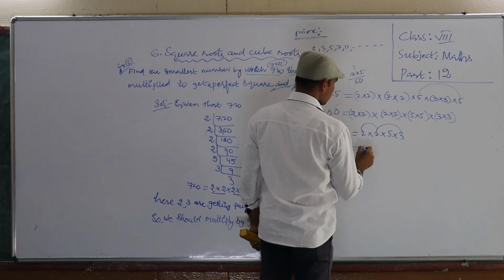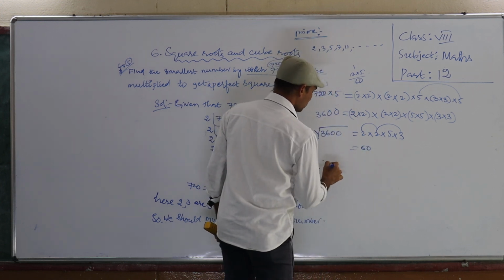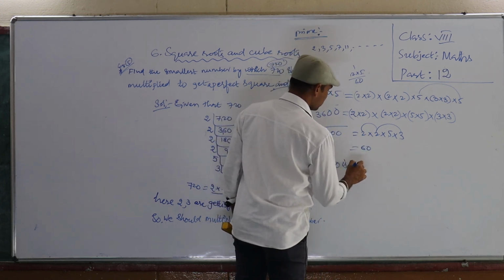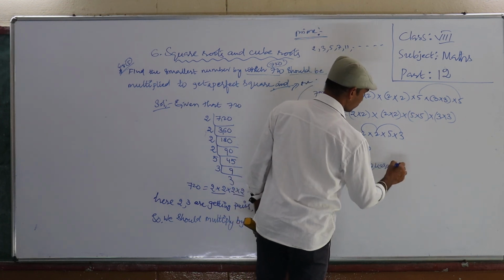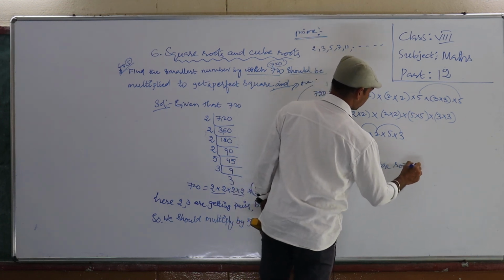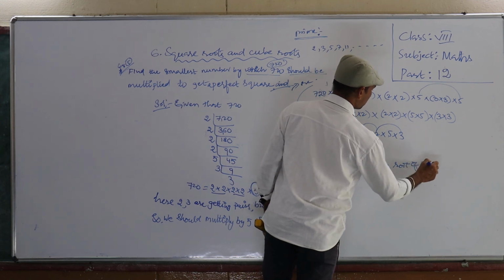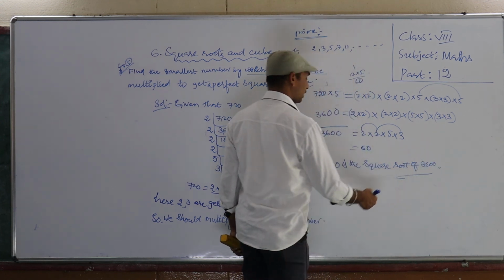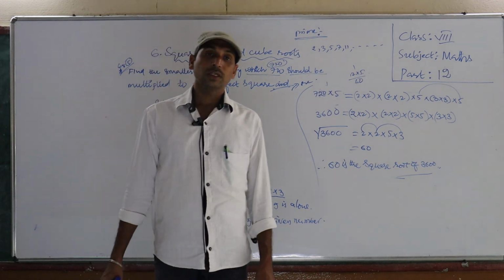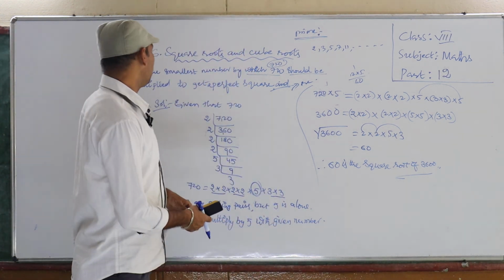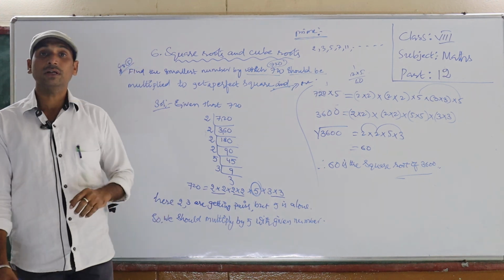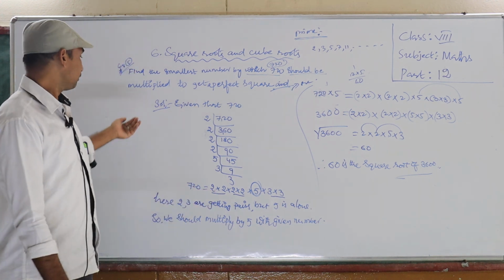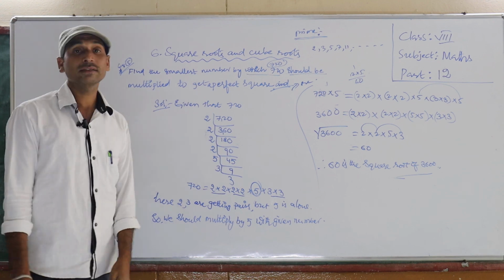Yes children, so therefore 60 is the square root of 3600. So this is, children, how to find the square root according to the given problem. So next we will discuss a different problem in the next class.